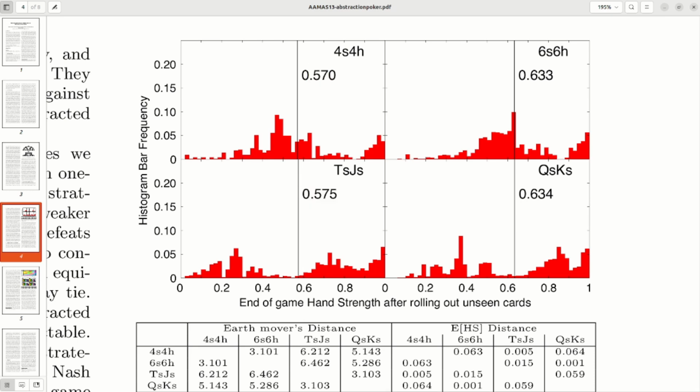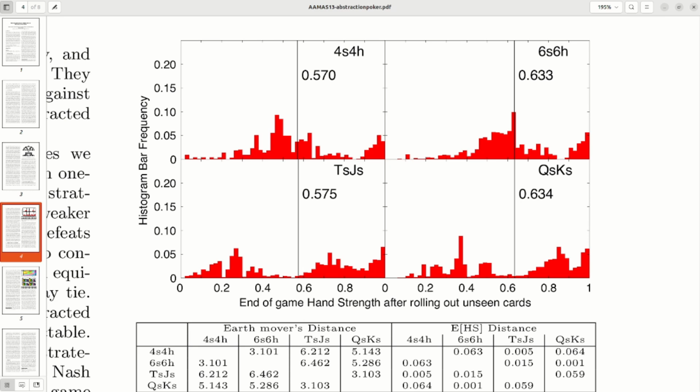Pocket fours has more of this center mass where it's beating overcards, and then at the very far right it makes sets, whereas 10-jack suited is going to make more top pairs that win, and it also has some potential to make really strong hands with flushes and straights. And then the same thing with sixes and queen, king.